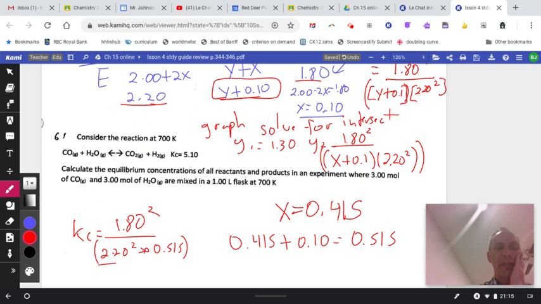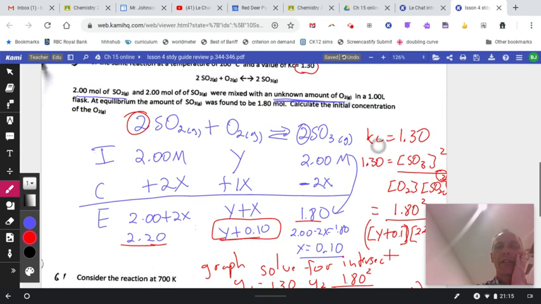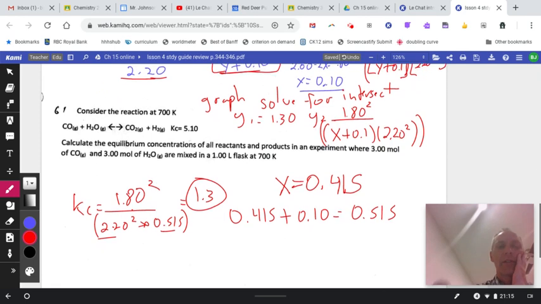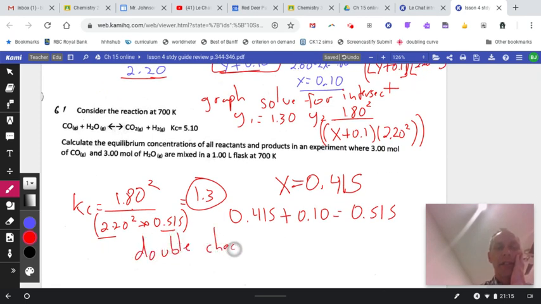Those are our three equilibrium concentrations, and you get 1.3. You go, okay, I must have got the right answer because the equilibrium constant is 1.3. So you can do a little double check if you have time to make sure that you did indeed solve for all three equilibrium concentrations correctly. So those are tricky. I think those are the hardest ones when you have to solve for an initial concentration.